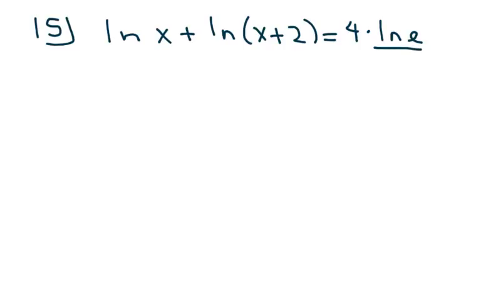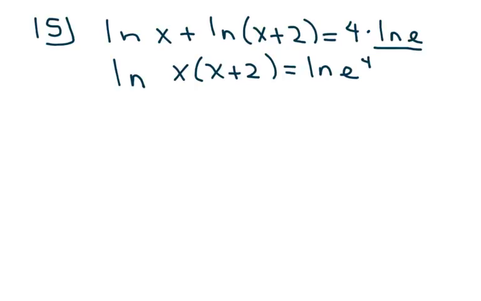So I'm going to use my product property and call this ln of x times x plus 2 equals ln of e to the fourth.